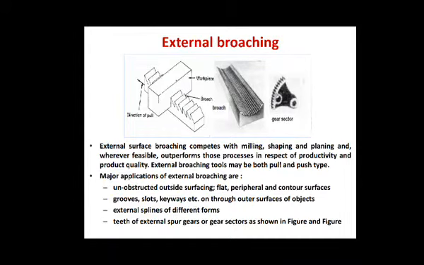So main applications of external broaching are surfacing flat and peripheral contour surfaces, grooves, slots, keyways, etc. on the outer surface of an object, and also external splines of different forms, and the teeth of external spur gears or gear sectors.